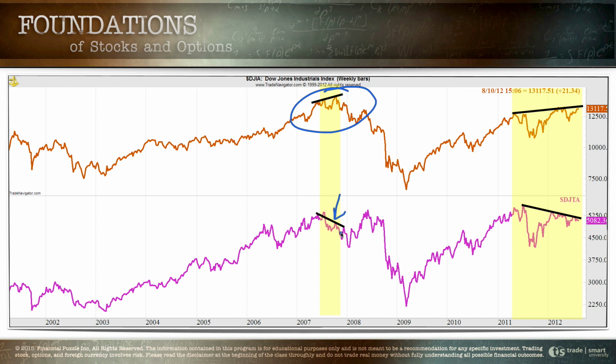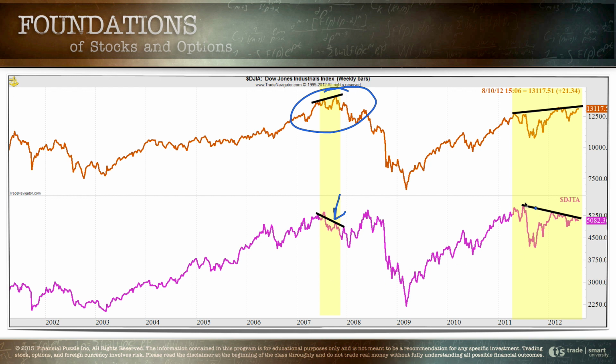So the transports turned several months before the industrials turned. Eventually, they got back in sync together, and they actually crashed together. But the first divergence actually happened several months before the big crash started, and that was potentially one of the warning signals that we had there.